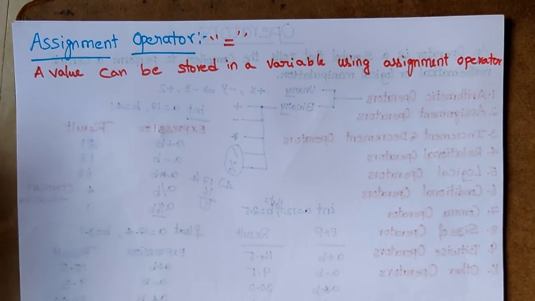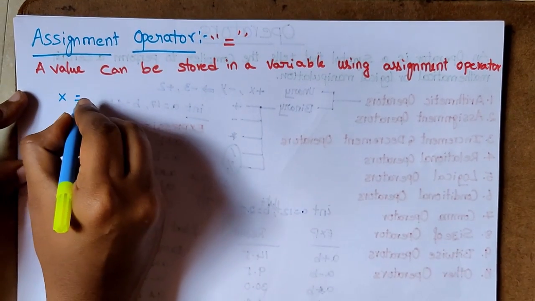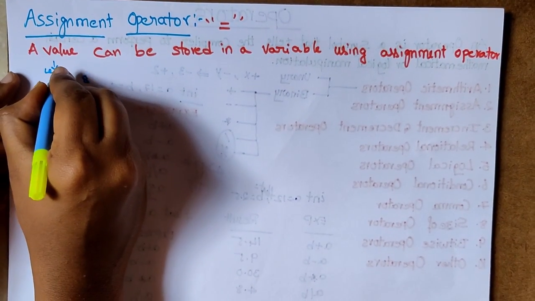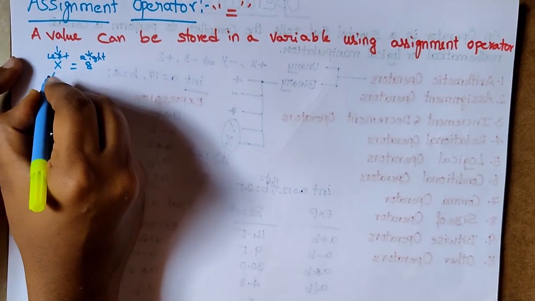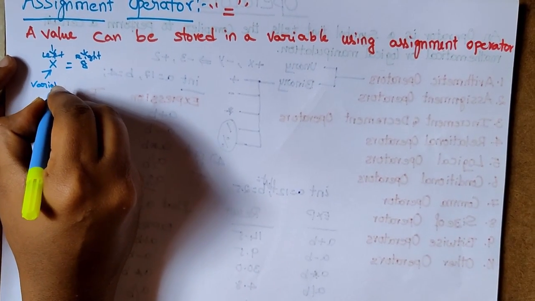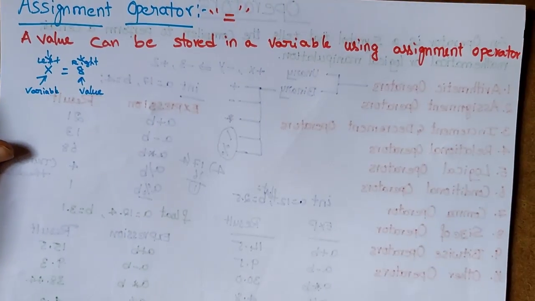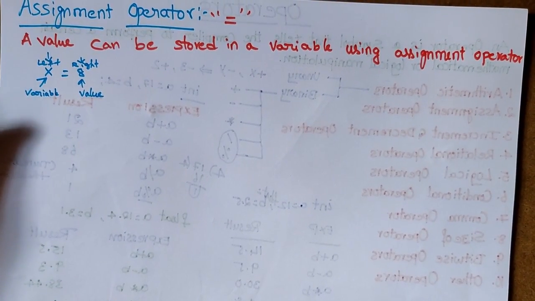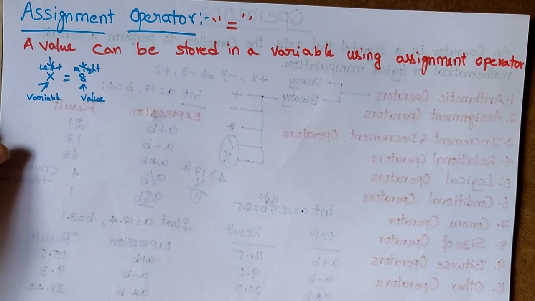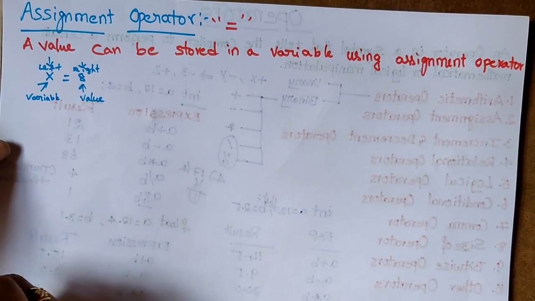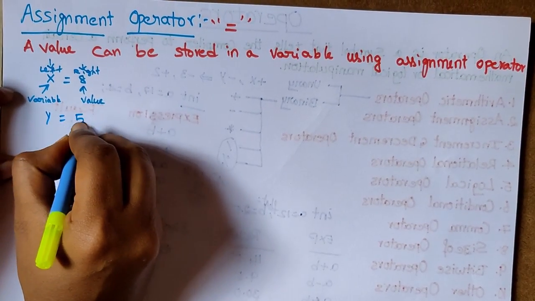Now see what will happen. X equal to 8: take this as left and this as right. This is a variable and this is the value. The value must be on the right side. It's not only a value; if it is an expression also, whatever is on the right side will be assigned to the left side. I will give you some more examples, like y equal to 5.